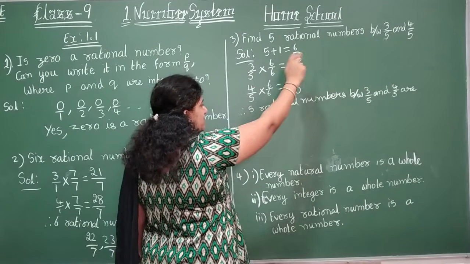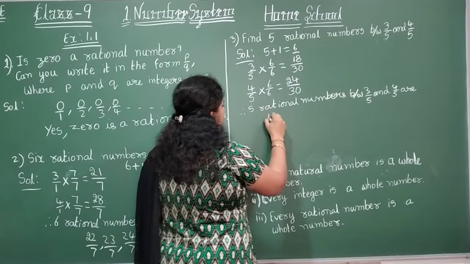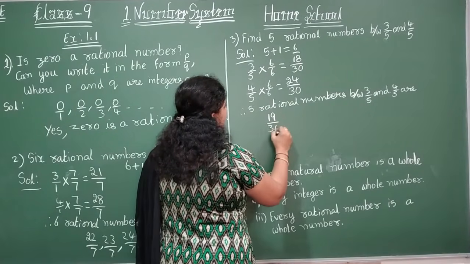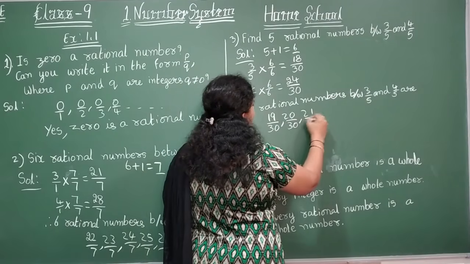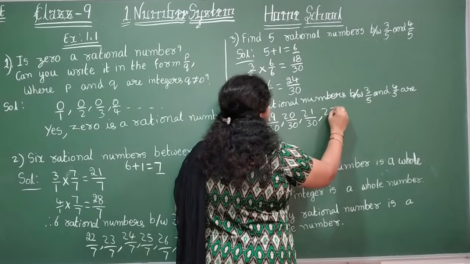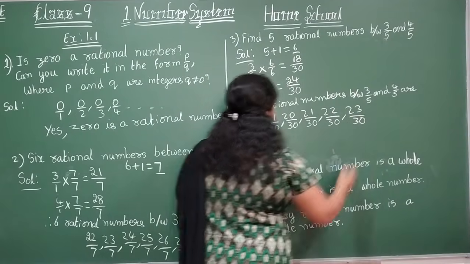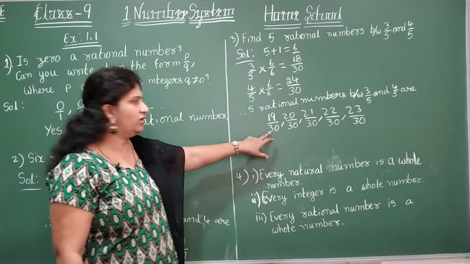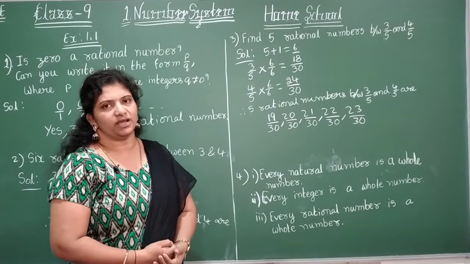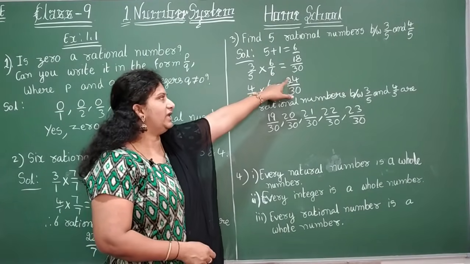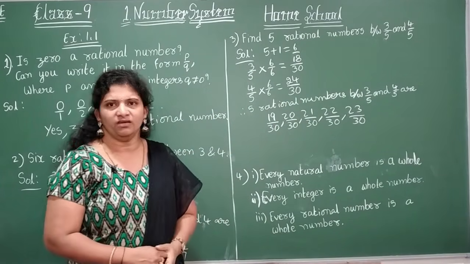From next to this number, go on adding 1 to the numerator and write the answer. That is 19 by 30, 20 by 30, 21 by 30, 22 by 30, 23 by 30. Observe here, children, how many did you get? 1, 2, 3, 4, 5. These are the 5 rational numbers in between 18 by 30 and 24 by 30, that is 3 by 5 and 4 by 5.